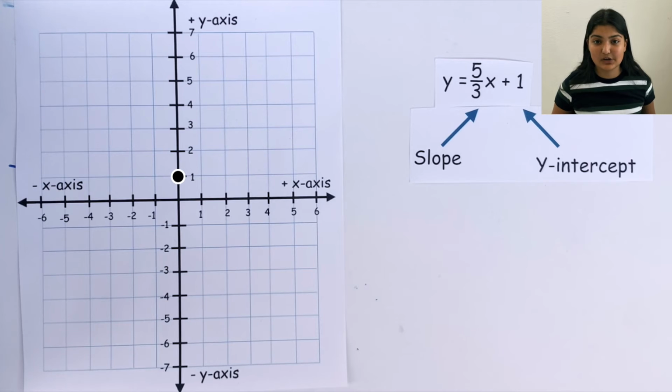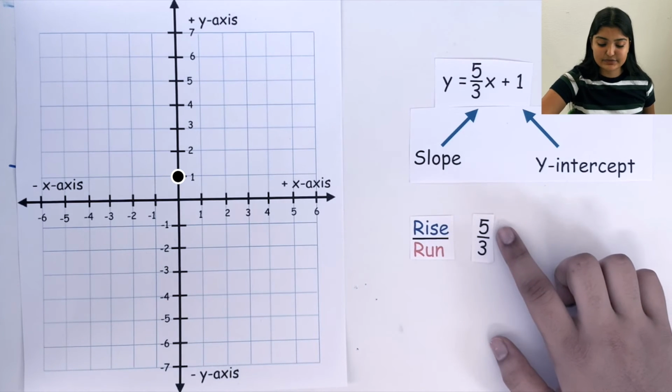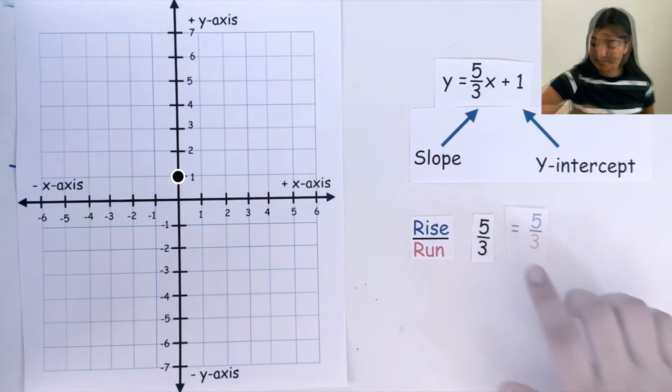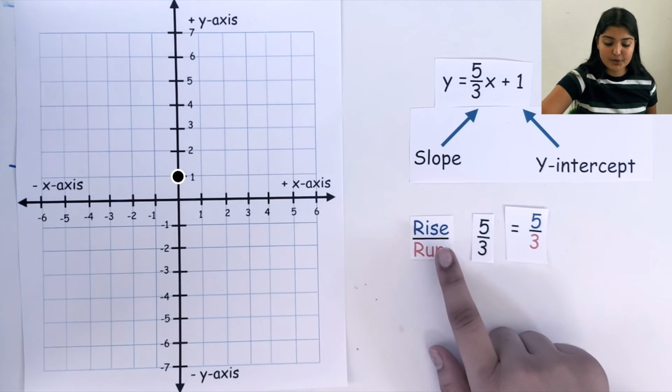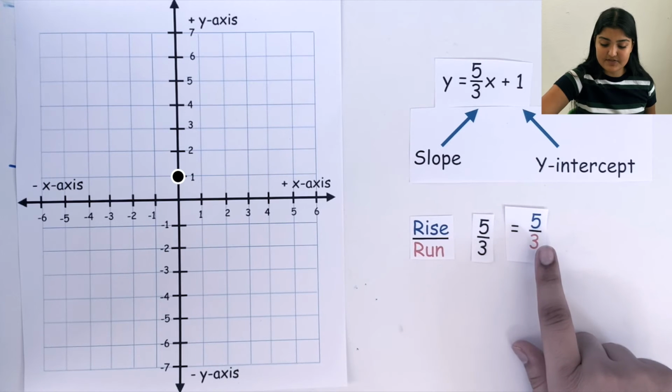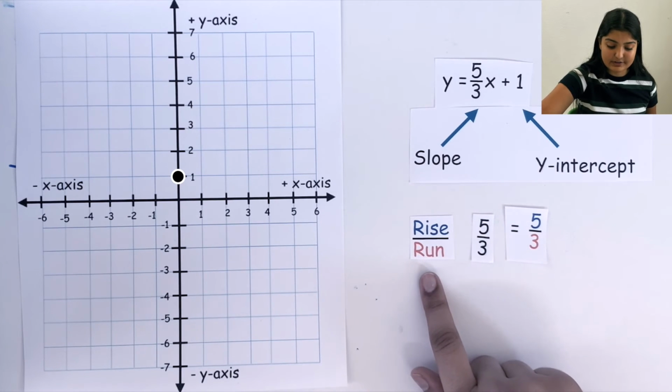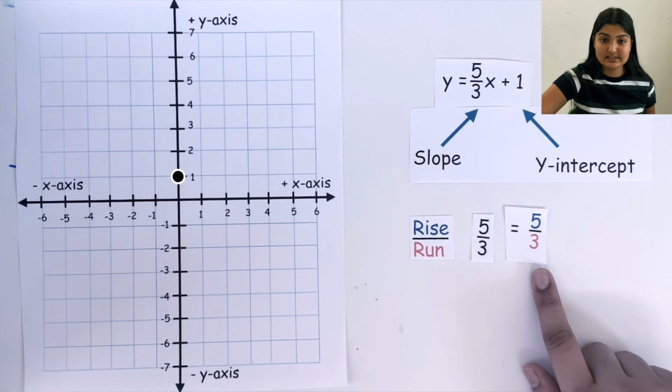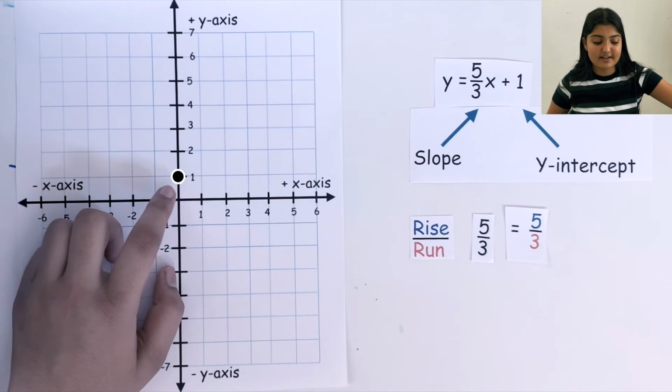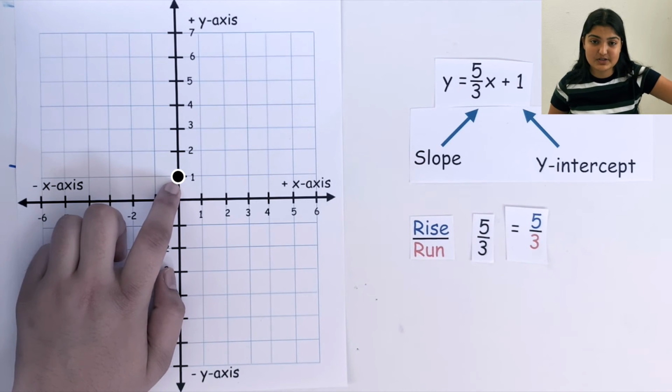Now, let's look at the slope. We're given the slope as 5/3. So, we must rise 5 units and run 3 units, starting from the y-intercept.